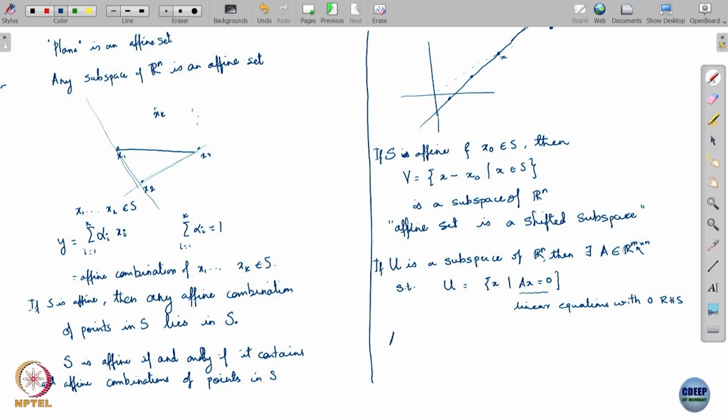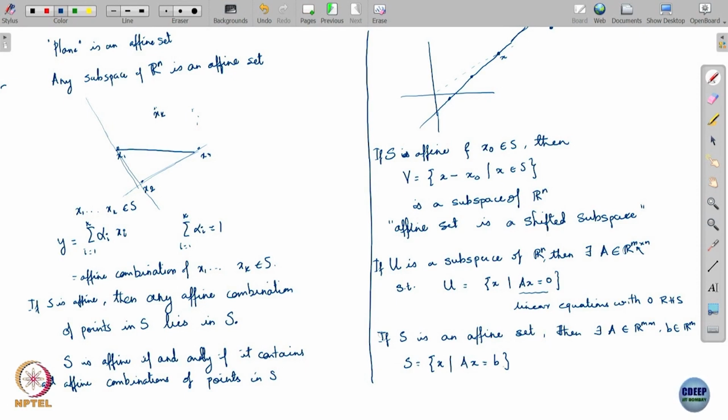So, then if S is an affine set, then there exists some A in R^(m cross n) and b in R^m such that S is just the set of solutions of the system of equations Ax equals b.